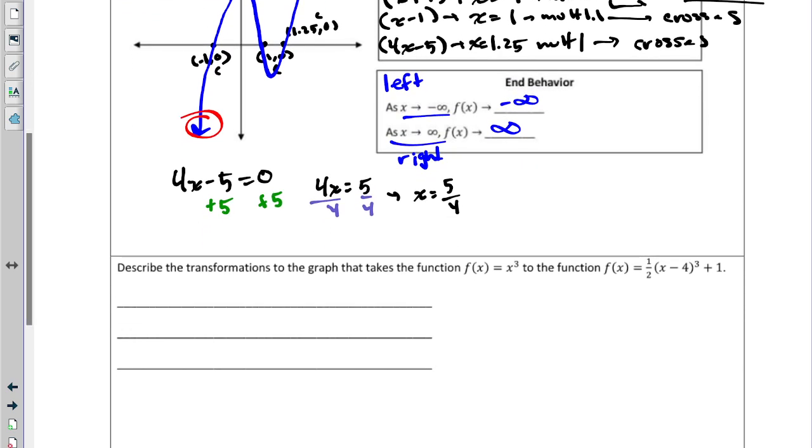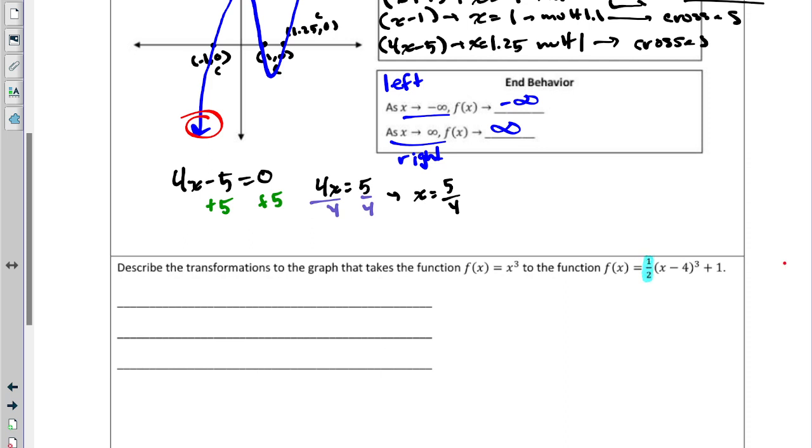All right. Here we go, transformation time. Transformations are ways that we can change functions and how they look on a graph, and the way that we can do that is by looking at the things that are different from our original function, all right? So our original function is x cubed. So I'm going to highlight everything that's not x cubed. That means we have this 1/2 in front, that's going to do something.